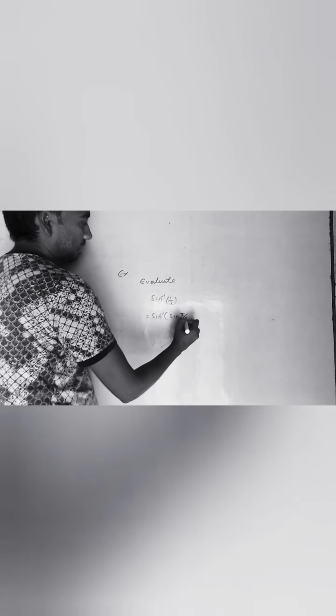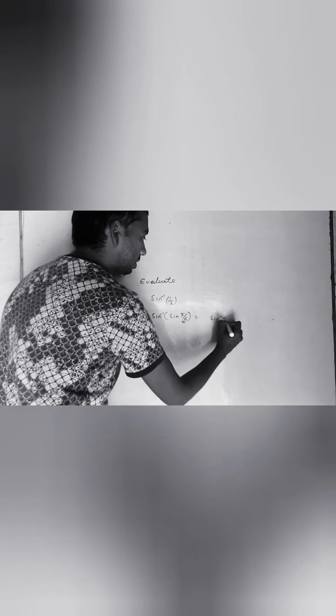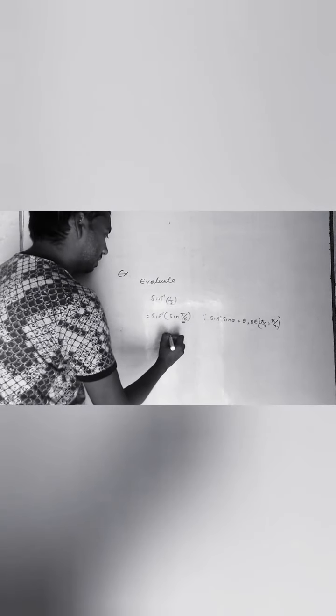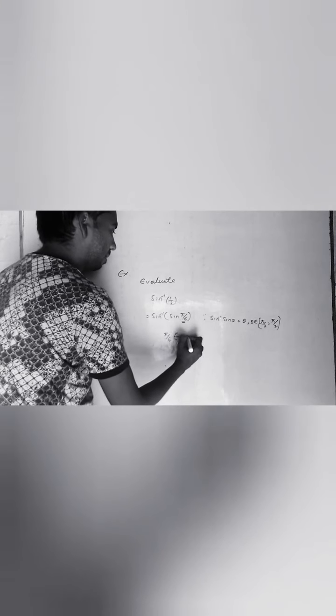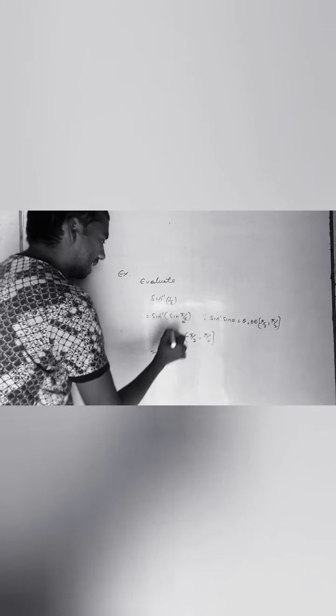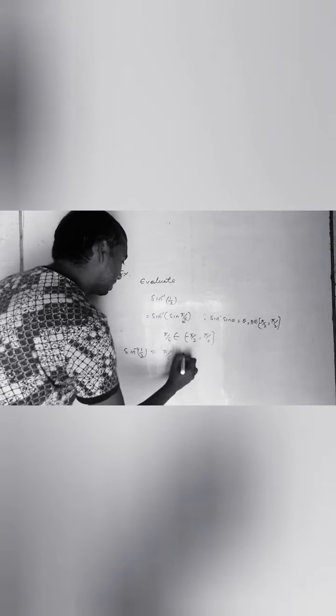Sin pi by 6, and pi by 6 belongs to, by using this identity, sin inverse sin theta is theta when theta belongs to minus pi by 2 to plus pi by 2, and pi by 6 belongs to minus pi by 2 to plus pi by 2. Therefore this cancels out, so pi by 6. So sin inverse half is pi by 6.